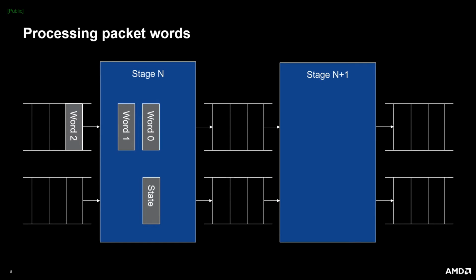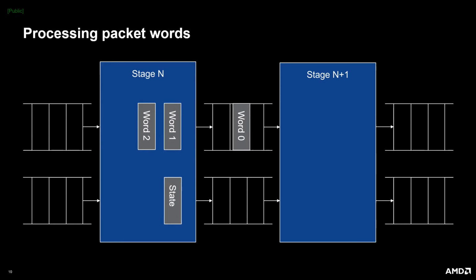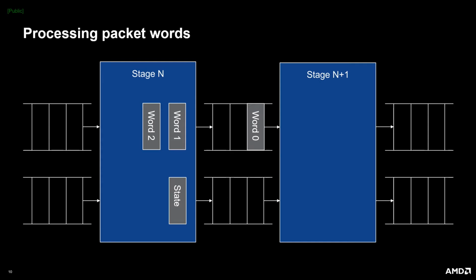If the program needs to access a later part of the packet, then the state needs to be delayed until the required word arrives. Once the word has arrived, the state can move on. If the program now needs to access an early part of the packet, then the state and packet words are written into FIFOs.